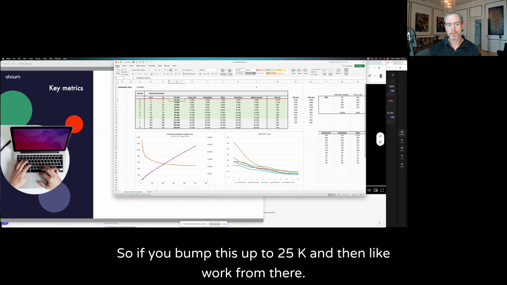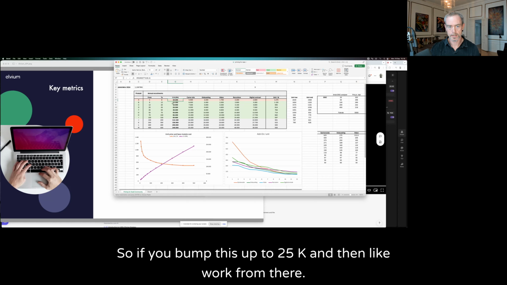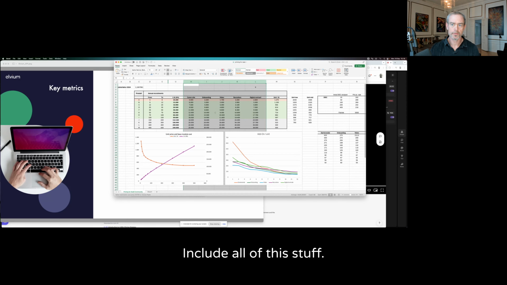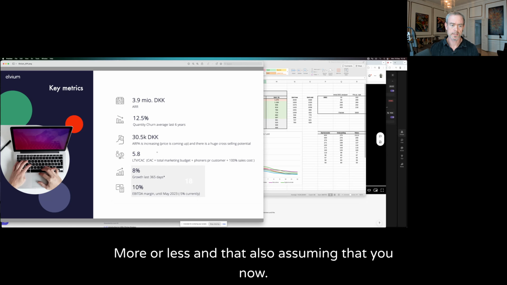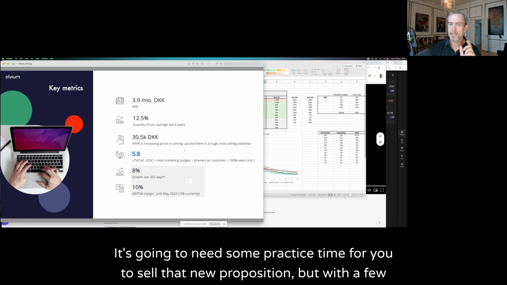So if you bump this up to 25K and then work from there, include all of this, that should increase your ARPA. I would say pretty much the 66% you need to reach that €1,000,000, more or less. And that also assumes it's going to need some practice time for you to sell that new proposition.